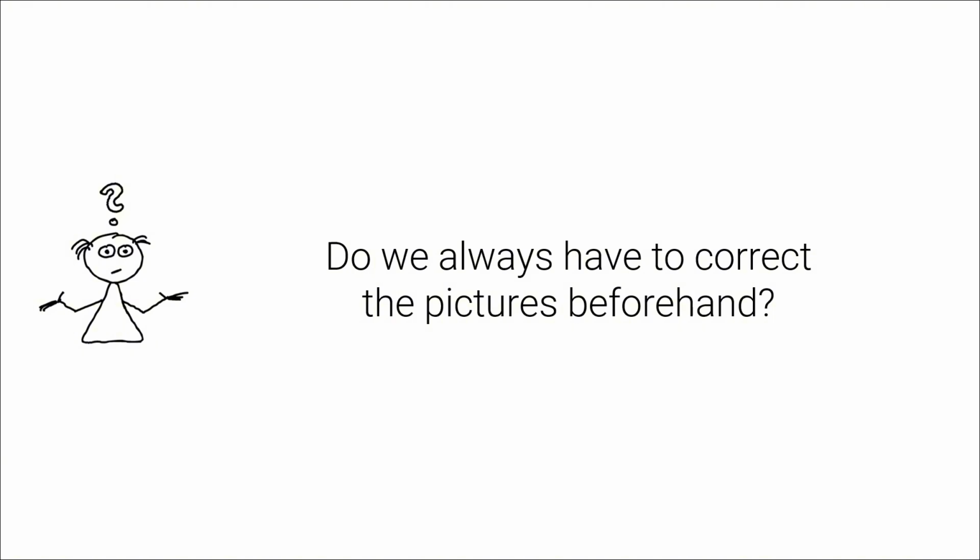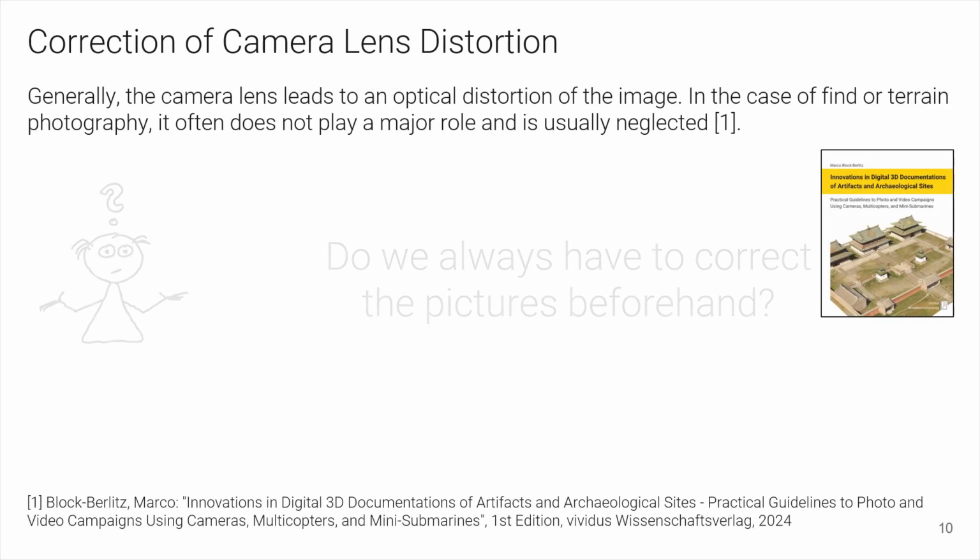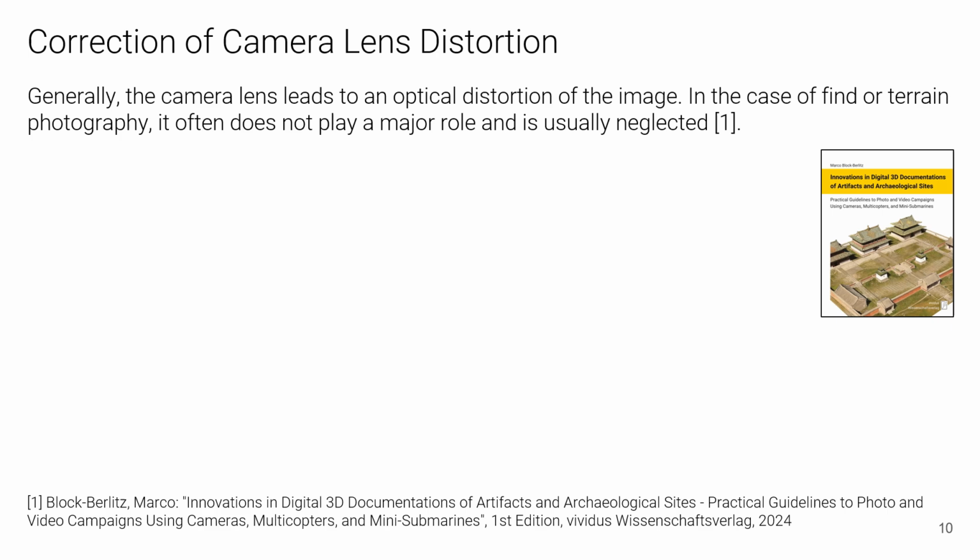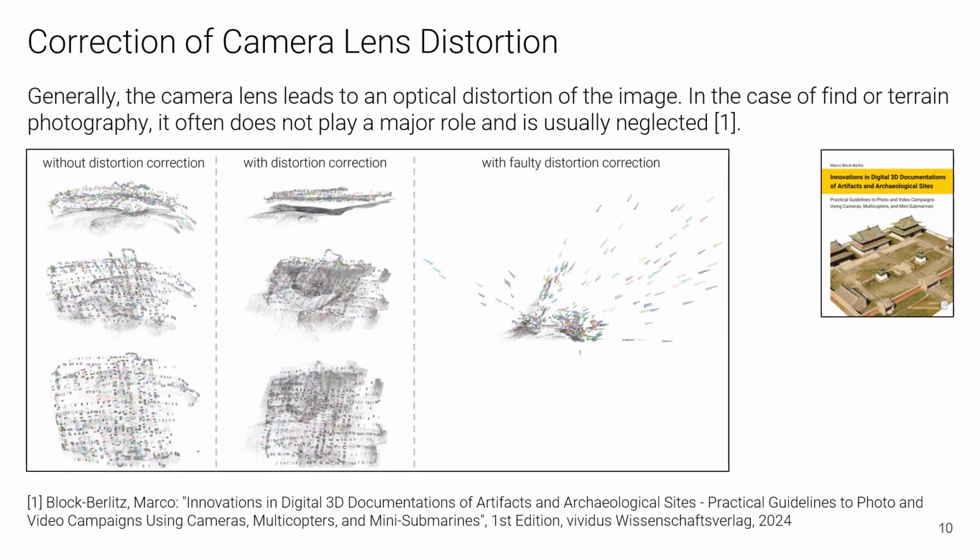This raises the question, do we always have to correct the images beforehand? There can be situations, especially with strong wide-angle recordings. Here we see an example from a documentation campaign in Iceland from 2015, where a GoPro Hero was used.